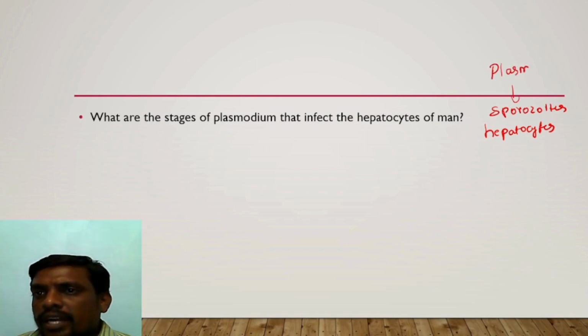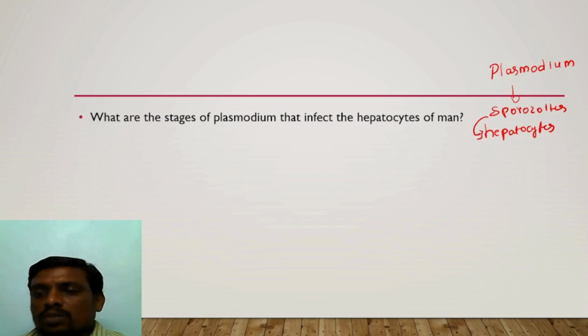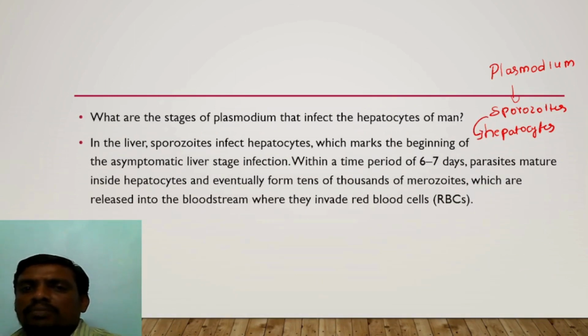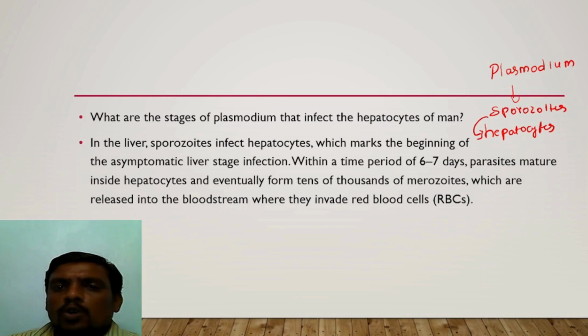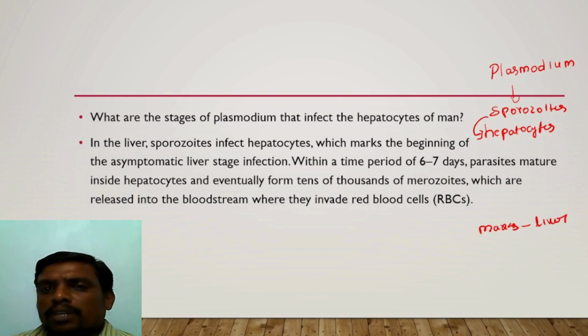If they enter the human body by mosquito bite, immediately they infect the hepatocytes. Here sporozoites infect hepatocytes, which marks the beginning of the asymptomatic liver stage, where no symptoms appear.